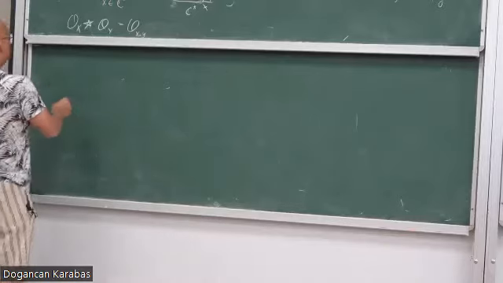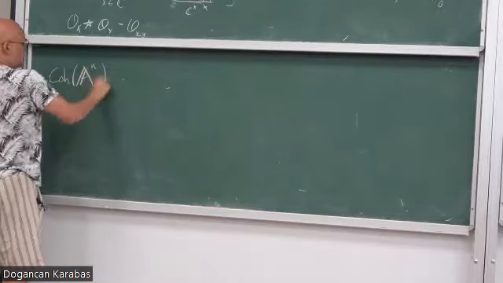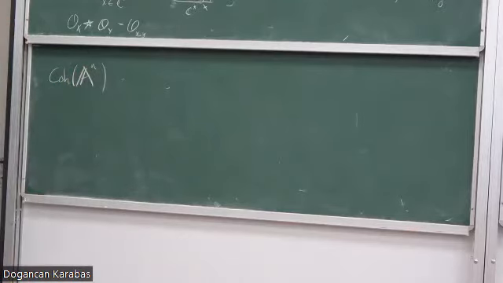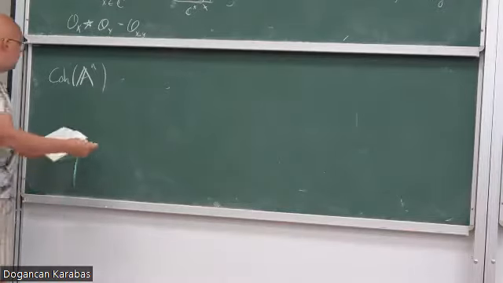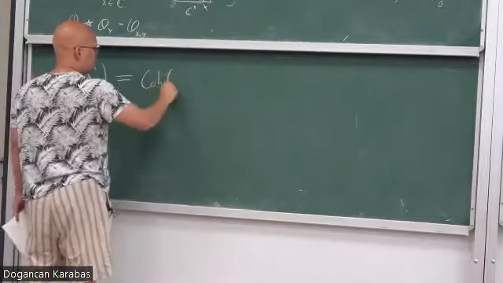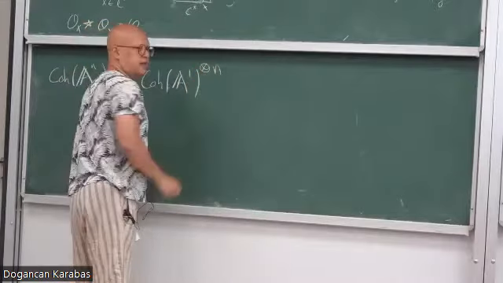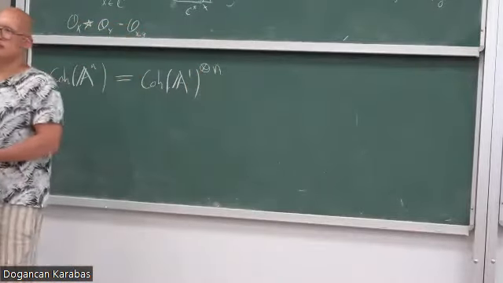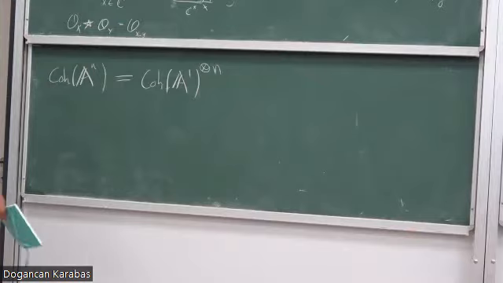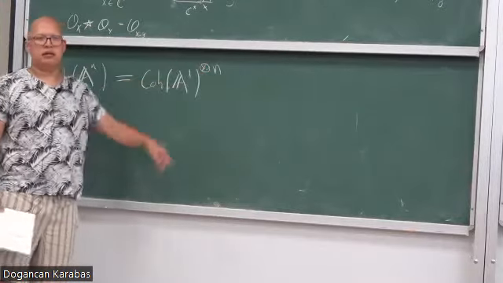But let's think about how to think about co-AN. Well, actually very easy. This is co-A1, you tensor it with itself n times. Seems reasonable, except you have to know what this tensor product means, that I'm not going to tell you.